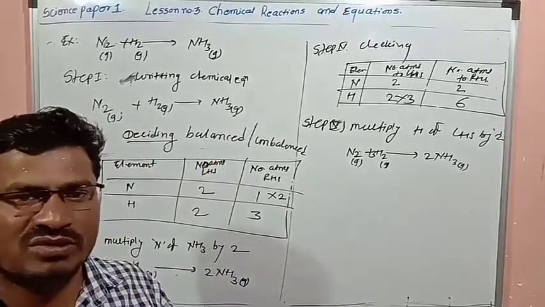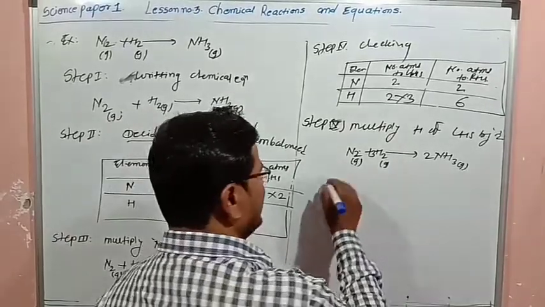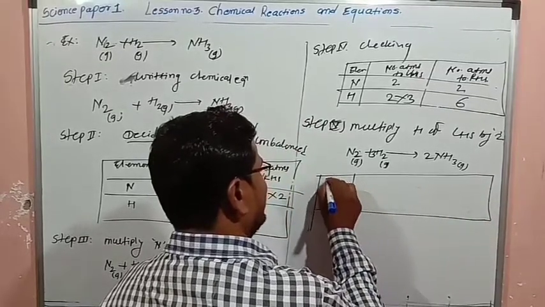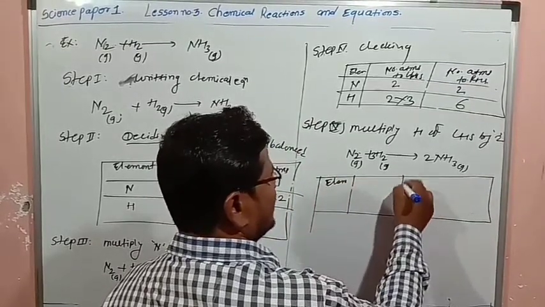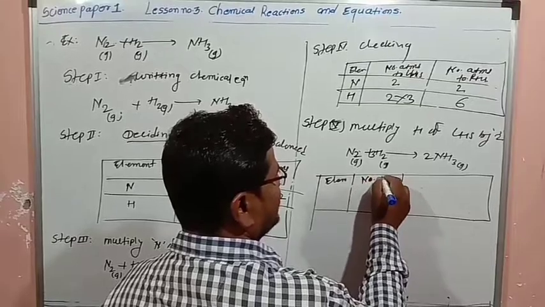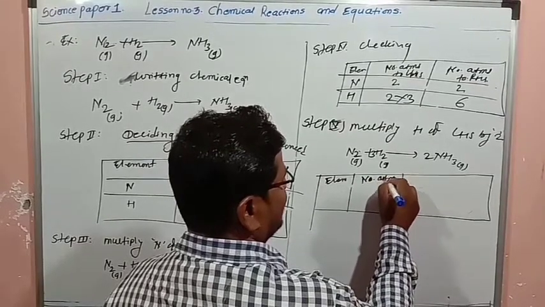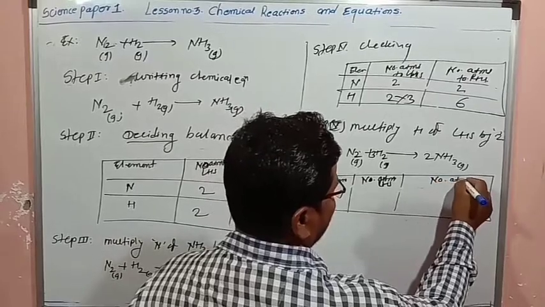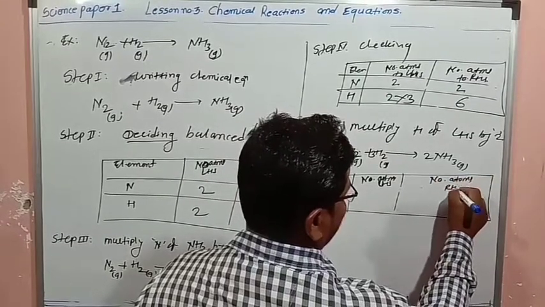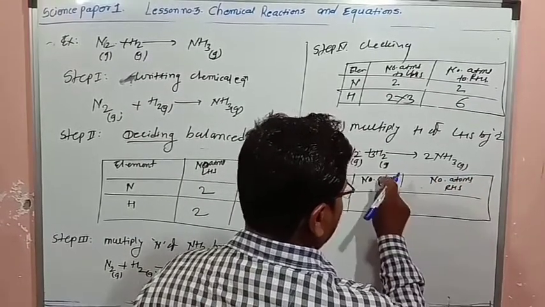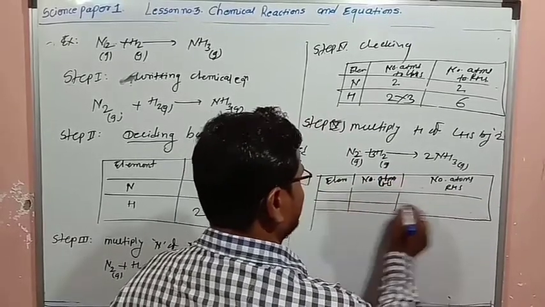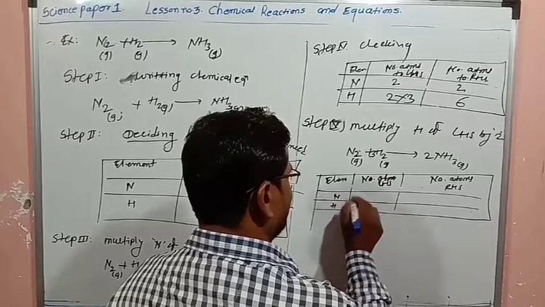After this also you have to check whether it is balanced or unbalanced. So checking: element, number of atoms on the LHS, number of atoms on the RHS.